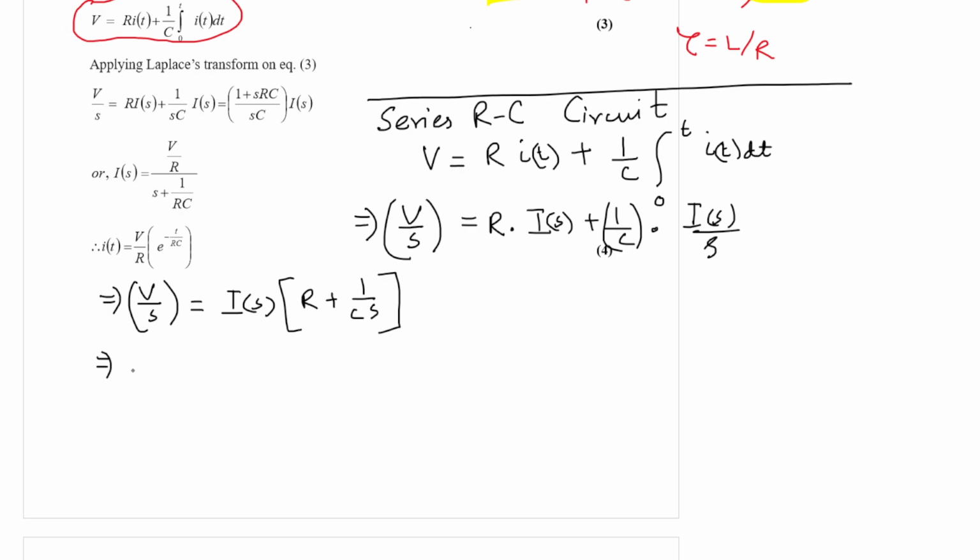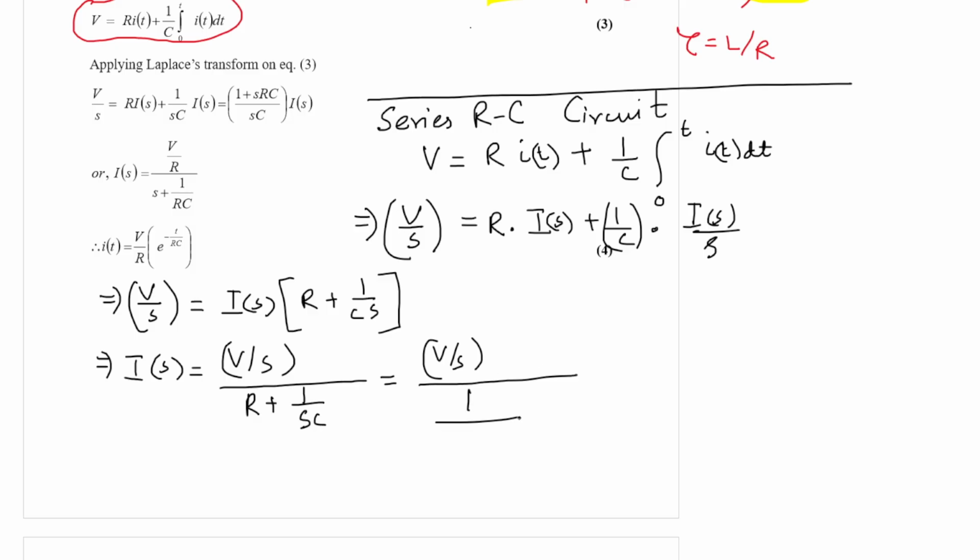So I(s) will be V by S in the numerator, and in the denominator we have R plus 1 by Sc. If you take Sc common, it will be 1 plus RCS.